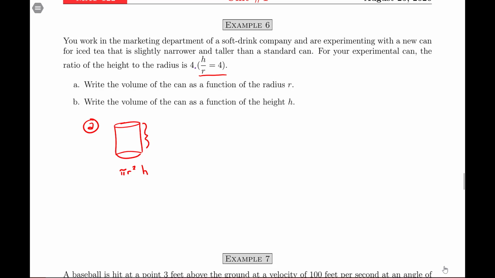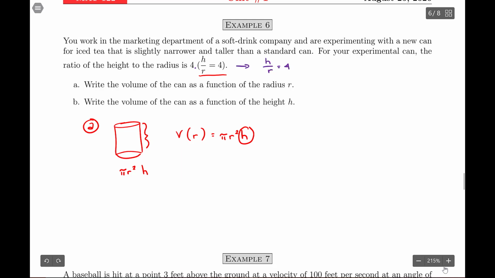So we're going to express volume as a function. V of r, volume as a function of the radius, is equal to pi r squared h. You may remember that equation from geometry. We take this h, and we want to write this whole function in terms of r. Up here, h over r is equal to 4.